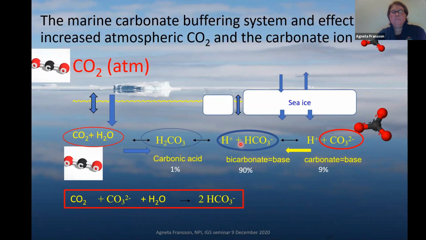If CO2 from the atmosphere is absorbed by the ocean, first the CO2 will react with water to produce carbonic acid, which is a weak acid, but it will push the reaction towards the bicarbonate, which is 90% of these species. On the other hand, the carbonate is a strong base, and that will react with the hydrogen ion to produce bicarbonate.